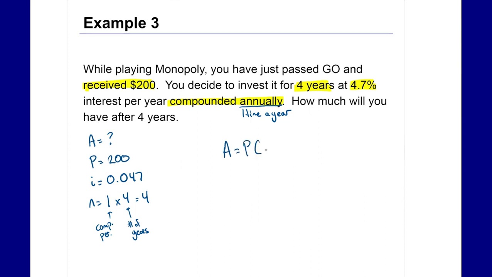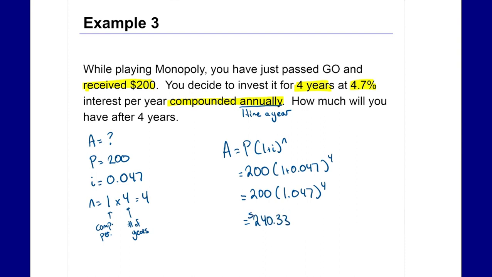So now I can take all of this and plug it into my formula. P times 1 plus i to the power of n. So 200 times 1 plus 0.047 to the power of 4. And when I calculate this, 200 times 1.047 to the power of 4, I get $240.33.